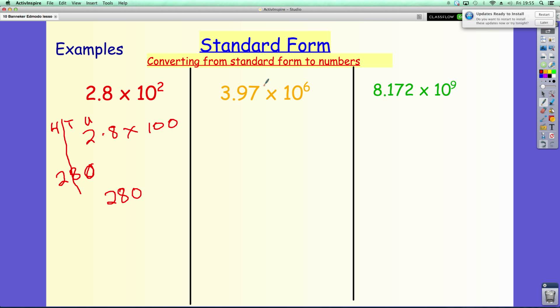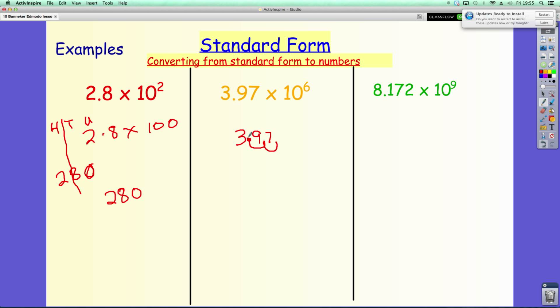3.97 times 10 to the power 6. So we got 3.97, and I want to make that into a big number, a whole number, multiplying by 10 to the power 6. Now I'm not going to show the movement of the place values because that's going to get really messy with what I'm using to demonstrate this. So instead, I'm going to use the trick that I showed, but I will also stress that it's the numbers that move and not the decimal point.